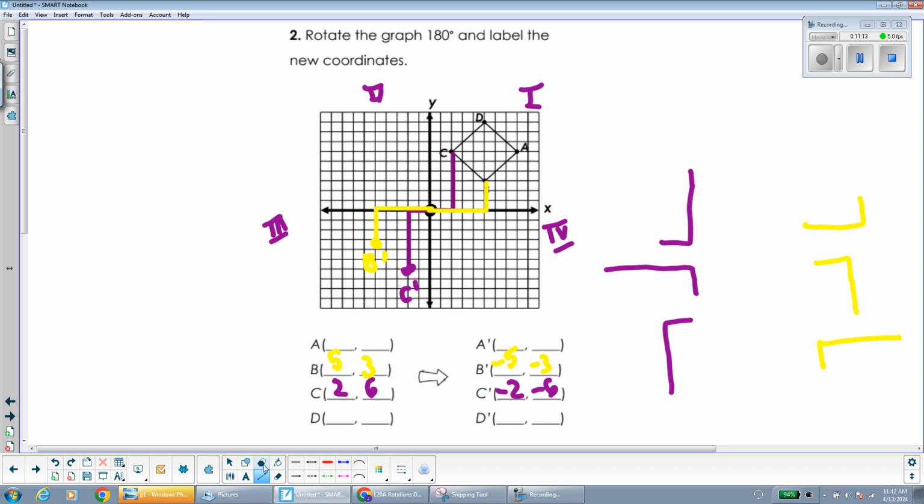Okay. Next up is point A. So I'm going to take that L shape and I'm going to rotate it twice, 90 degrees, to get 180 degrees. Okay, so now let me count. 1, 2, 3, 4, 5, 6, 7, 8. 1, 2, 3, 4, 5, 6.